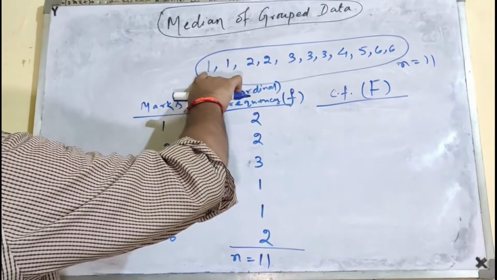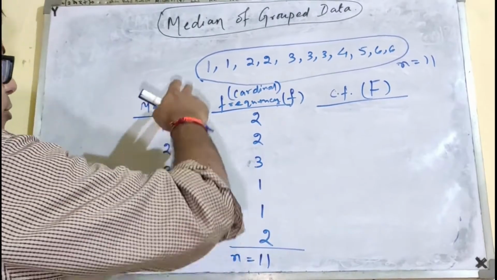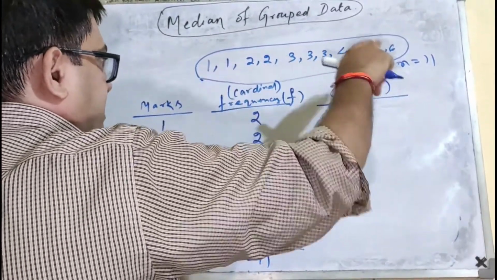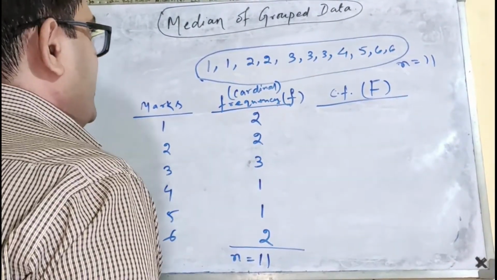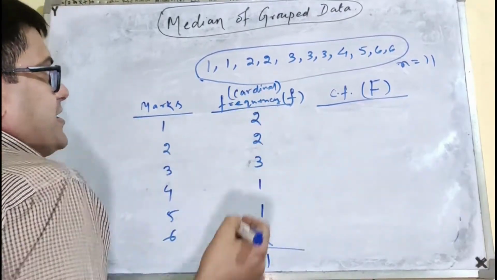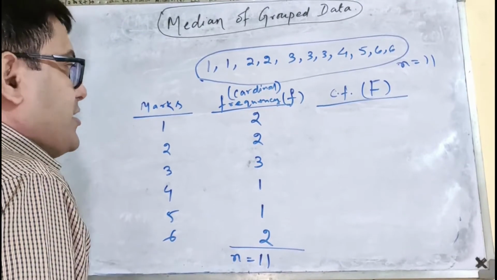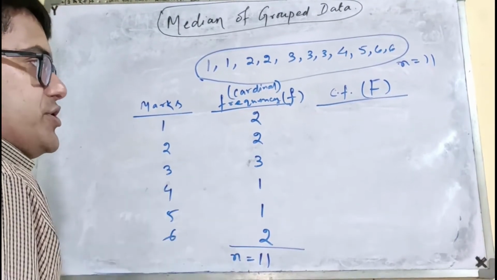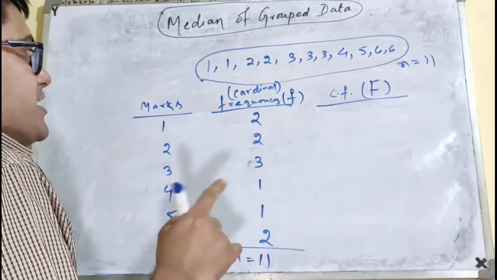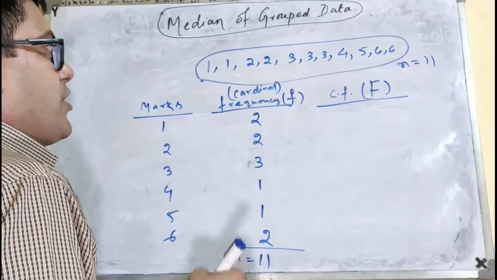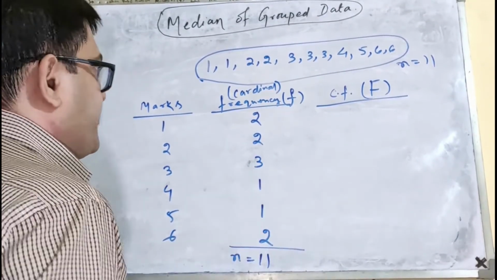Because when you arrange the data points of the data set in an order, let's say ascending order, there is another thing called the ordinal number. Ordinal number denotes the position, not the quantity. Cardinal is for quantity, ordinal is for order or position.